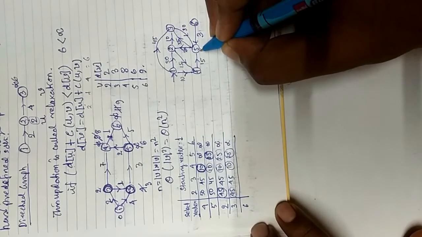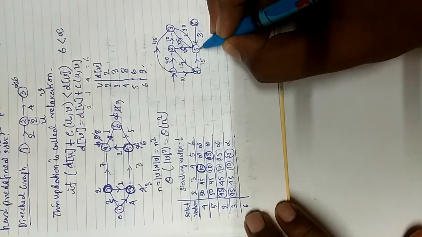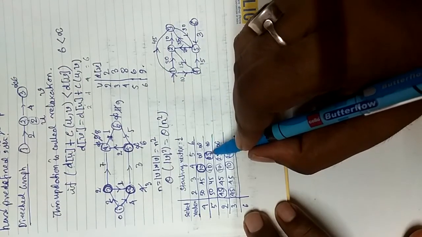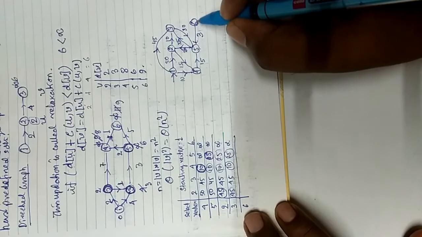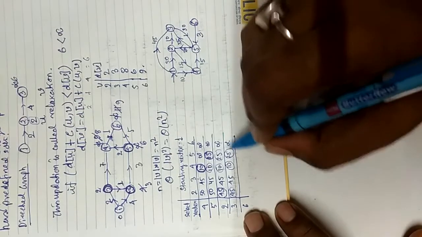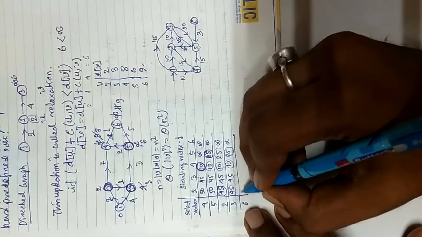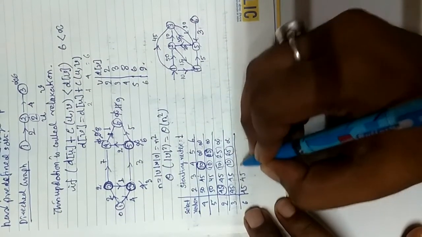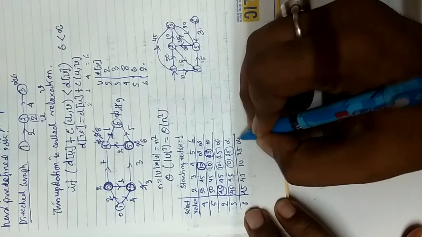So the cost of 5 from 6 is infinity, but the cost of 5 was 25. So no need, we can discard it and will not update this one. Okay, so the final answer will be 45, 45, 10, 25, and infinity.